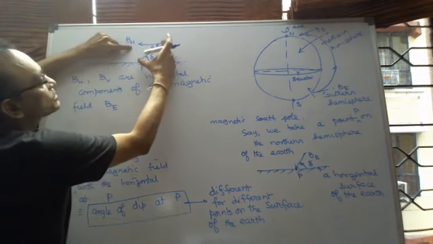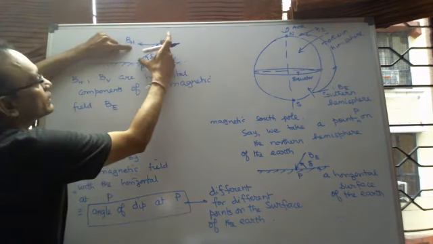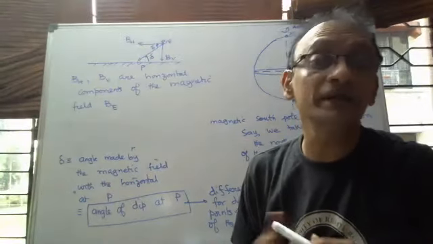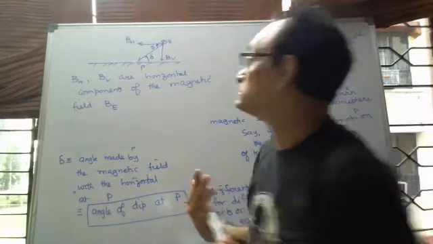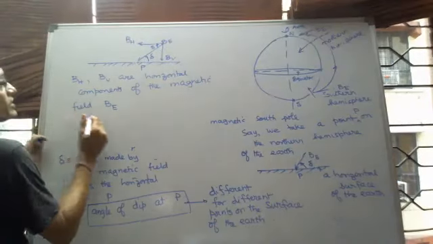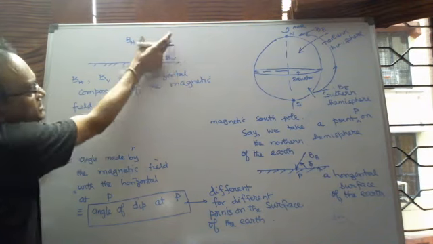Now, can you see that if B is the magnetic field at P and delta is the dip, you can know from various graphs, dip will be given to you. The dip at every point, delta. From the dip, you can find the horizontal component. BE दिया है और dip दिया है, तो horizontal component क्या होगा? BE cos delta.